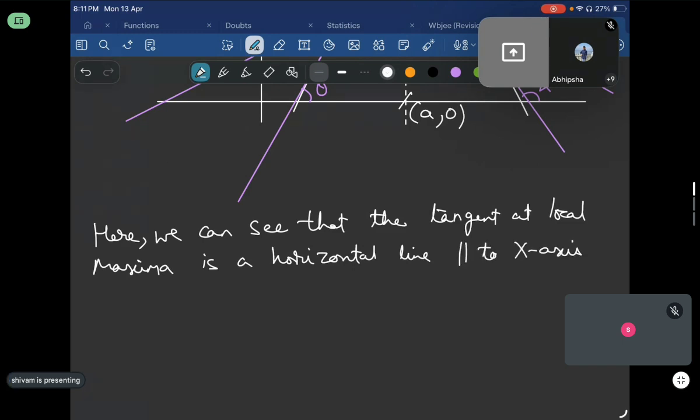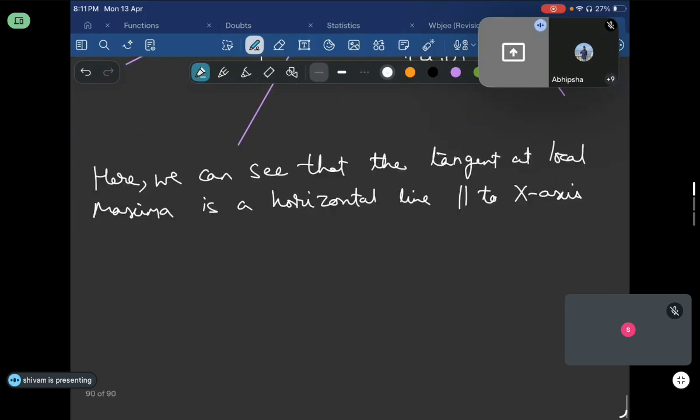Okay. Here we can see that the tangent at local maxima is a horizontal line parallel to x-axis. So dy by dx at local maxima will be equal to 0. Okay, this is the first thing we need to observe.